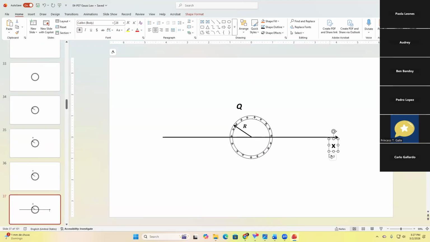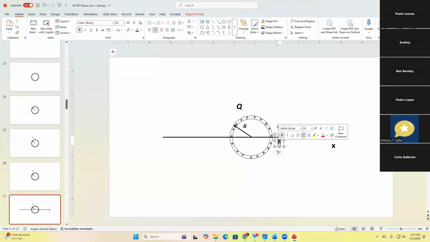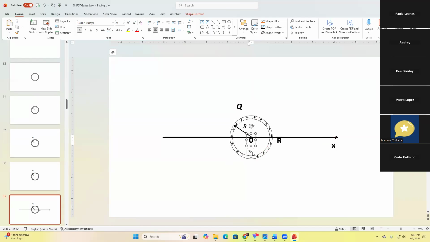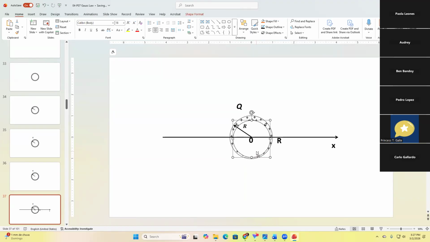Capital R here. Here it's going to be 0.